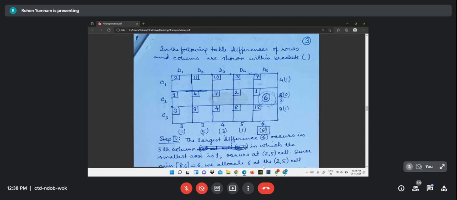So the differences are 1, 5, 3, 1, 6, then 1, 0, 1. Among these 8 differences, you select the maximum, which is 6. Then 6 is to be assigned.